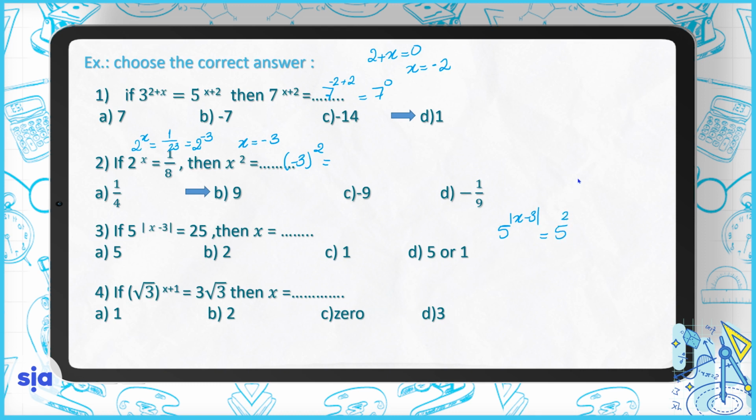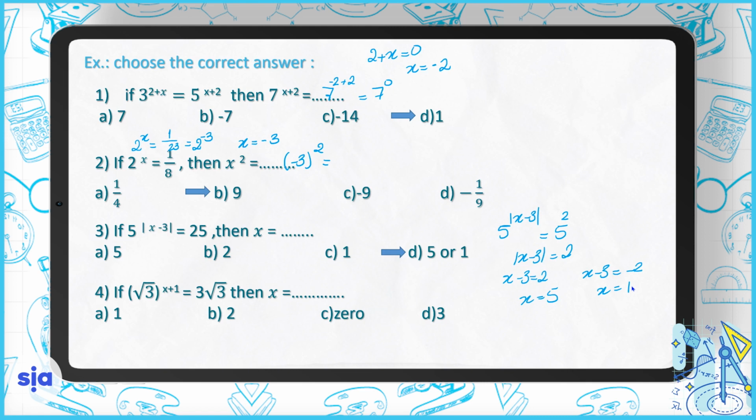Then automatically the absolute value of x minus 3 equals 2. So here we have two solutions: x minus 3 equals 2 and x minus 3 equals negative 2. So x equals 5 or x equals 1. So the right answer here is not only 5 or not only 1, but it is 5 or 1.